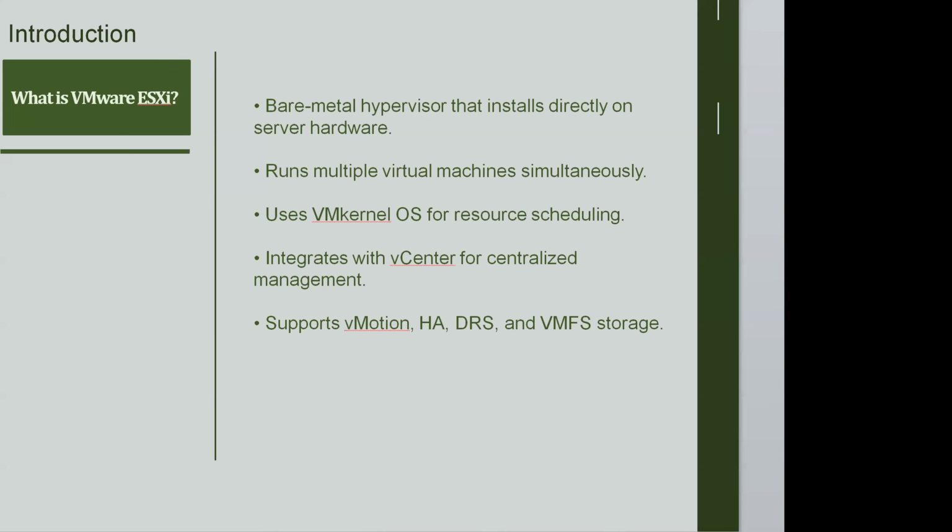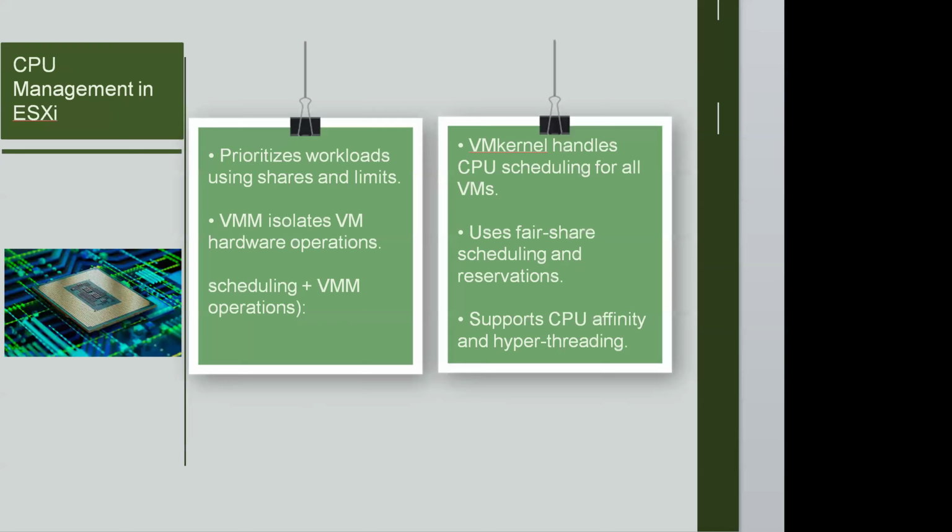So I'll first begin with the CPU management in ESXi, and we'll explain different facets of the core components as well. With ESXi, it balances CPU load across the physical CPU cores.